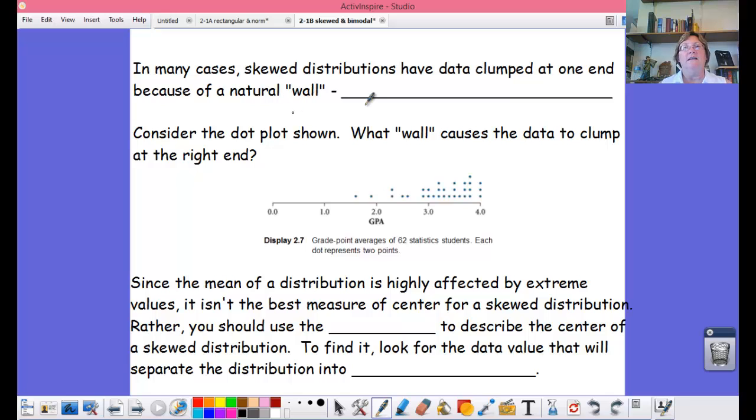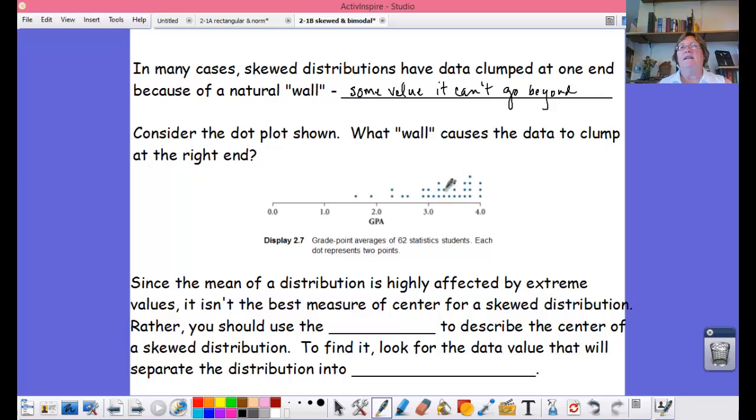In lots of cases, skewed distributions have the data clumped at one end because of some natural wall, that is, some value that it can't go beyond. If you look at the plot shown here, grade point averages of 62 statistics students, each dot represents 2.